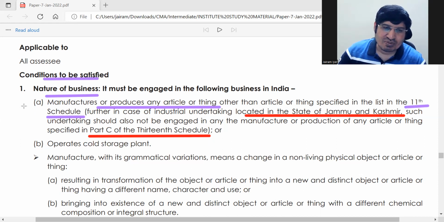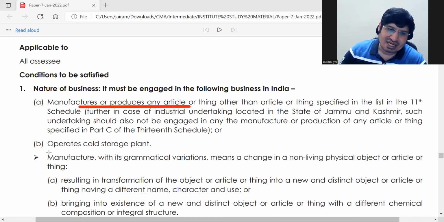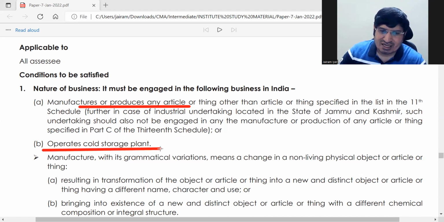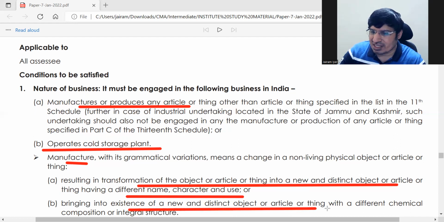So first, the nature of business is: manufactures or produces any article or thing. And second, operates a cold storage plant. And manufacture is defined here. This is just a general definition: transformation of an object or article into a new and distinct object having a different name, character, and use, or bringing into existence an altogether new and distinct object or article with a different chemical composition or integral structure.